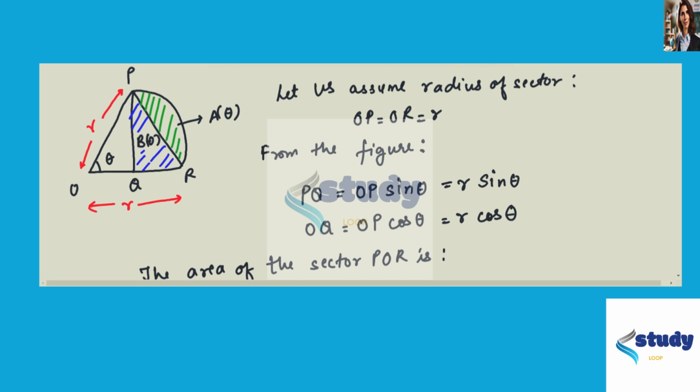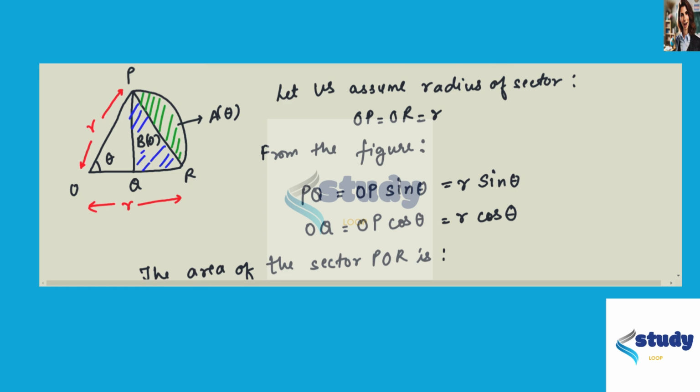So we need to find the area first separately for every single triangle, as well as this arc part, right? So how we will do so, let us see.